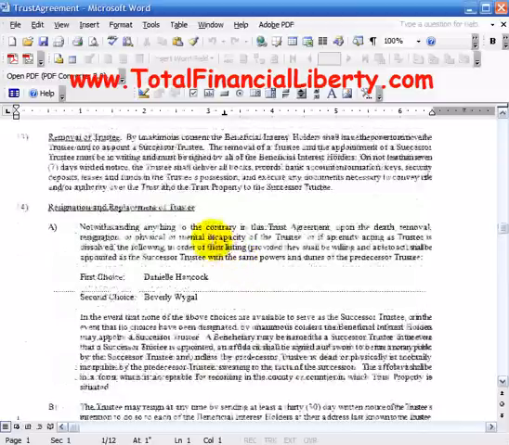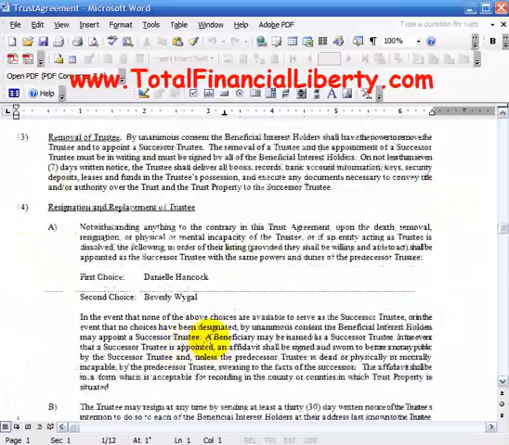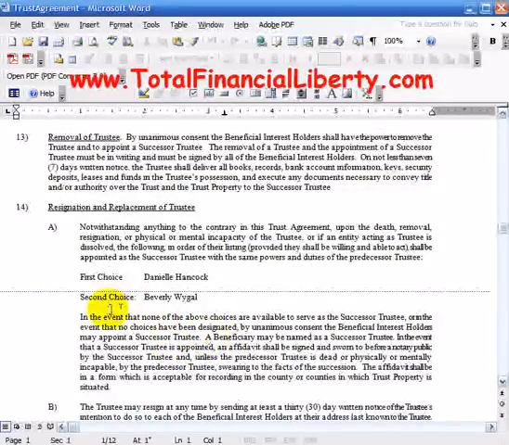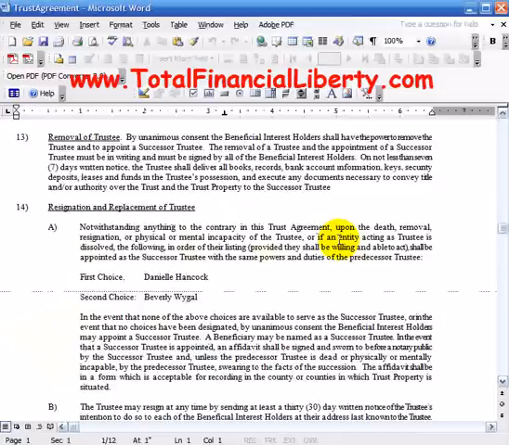Okay, so the next thing you need to identify is if the trustee cannot act as the trustee, who can take their place? Well, here we name two separate people so that if the trustee cannot act upon death, removal, resignation, physical, mental incapacity, whatever the case is, you have an appointed successor trustee who will step right into their shoes and sign the documents.